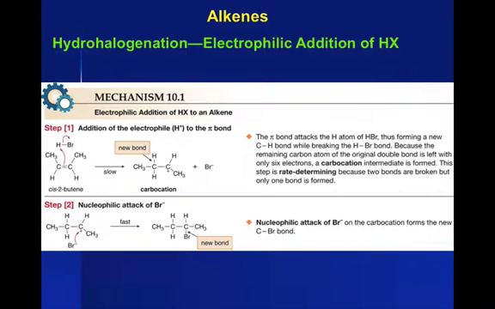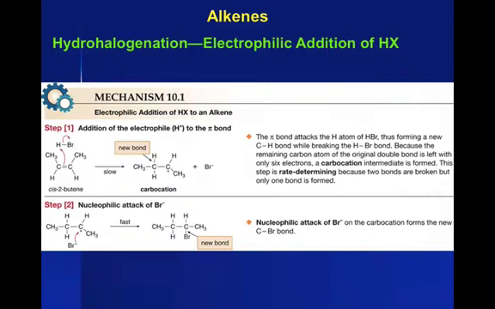So we've got the pi bond reacting, the halogen leaving, and we end up with a carbocation. We pause and ask ourselves, can that carbocation rearrange to a more stable one? And the answer here is no, it cannot. Now the bromide attacks the carbocation and forms a new carbon-bromine bond, and we're done. It's just a two-step process.